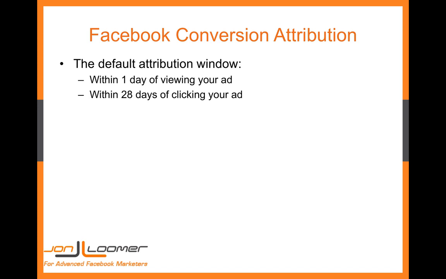No, that's not the case. There's a potentially large group of people who didn't take that direct route to convert. But just know that this can also be customized. If you don't like to have that view through conversion reported in there, you can remove it. If you don't like it to be 28 days after clicking, you can change it to 1 or whatever you want.